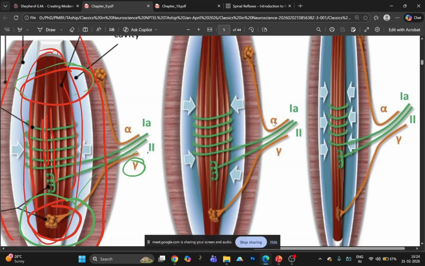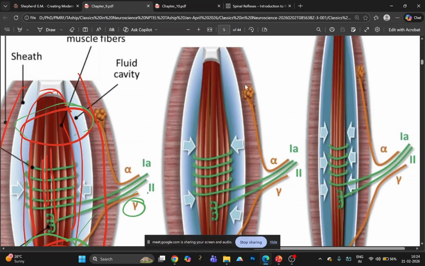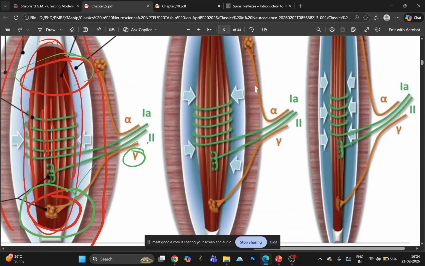And the alpha and the gamma motor neurons are the efferents. The alpha motor neuron will synapse with the extrafusal muscle fiber, and the gamma motor neurons will synapse with the intrafusal muscle spindles.